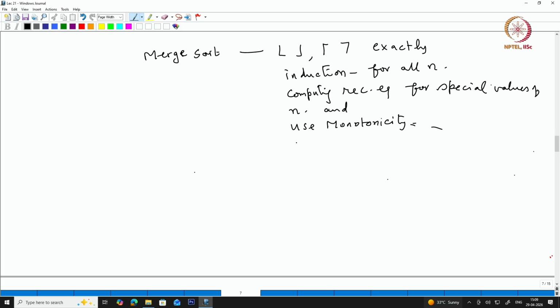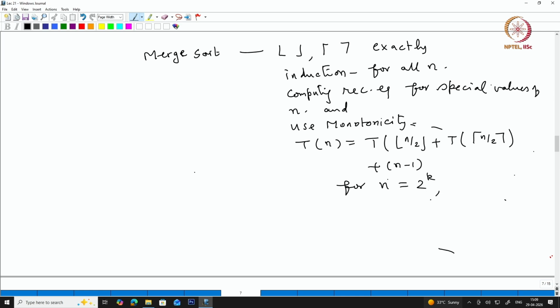So, we computed T of n equals T of floor n by 2 plus T of ceil n by 2 plus n minus 1 for n of the form 2 power k, special values, and then used monotonicity to prove the bound T of n is O n log n for all n.